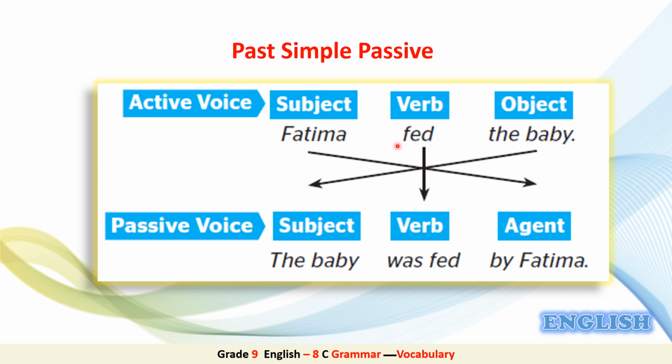Then we look at the verb. The verb here is in the past simple. If the verb is in the past simple, you should use was or were. Here the subject of our new sentence is singular, the baby, so we use was. So it becomes the baby was, then the past participle of the verb fed, which is fed. So the baby was fed, then we use by plus the agent, by Fatima.